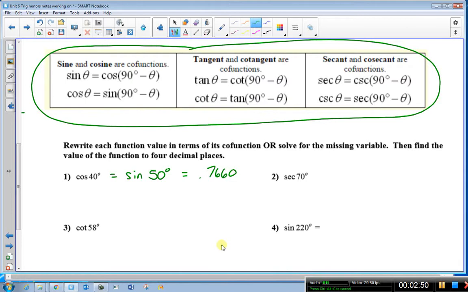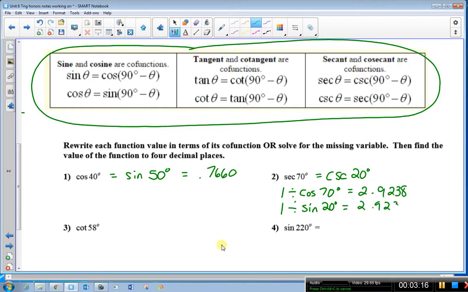Secant 70 would be cosecant 20, and we can't put that in our calculators, so we're going to do either 1 divided by cos 70 or 1 divided by sine 20, and they should be the same. 2.9238, right.